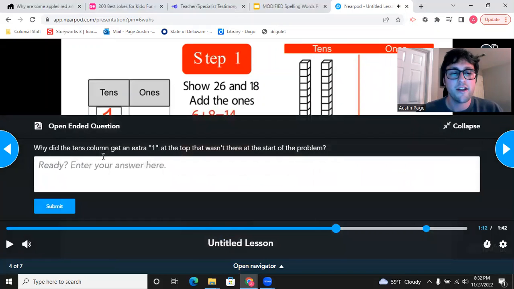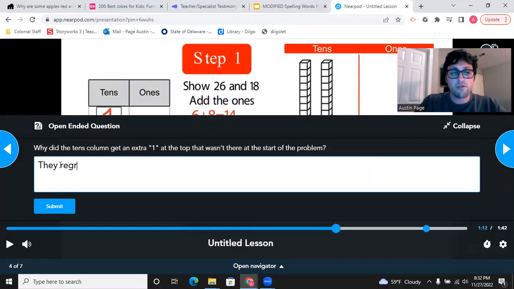Okay, so if you're following along, you would have also seen this pop up as well. Why did the tens column get an extra 1 at the top that wasn't there at the start of the problem? So when they were adding them together, they started by adding their ones cubes together. They noticed that there was 14 total. They took 10 of those 14 and they made it an extra 10.